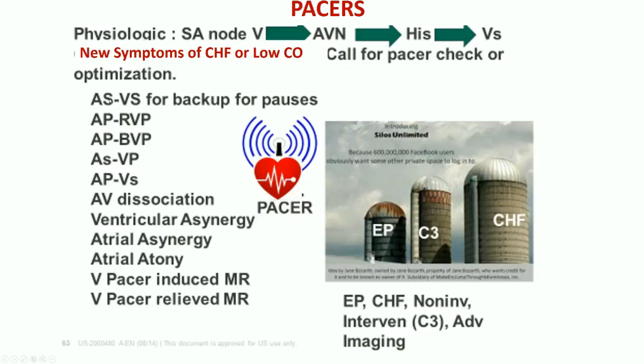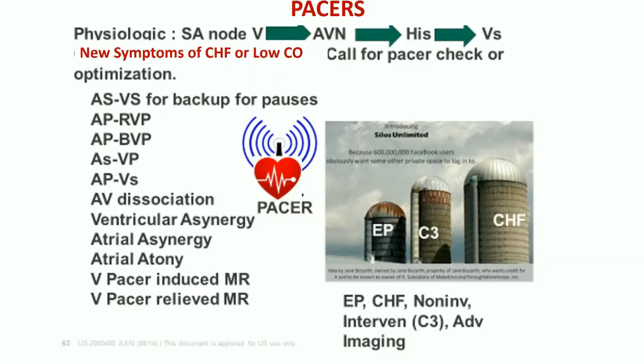We've got someone who has a backup pacer that was put in as a fail-safe. It's like an insurance policy. If you have asystole for a couple seconds, maybe a 2-second or 3-second pause or more, and you're symptomatic, you can have this put in as an insurance policy or a backup.